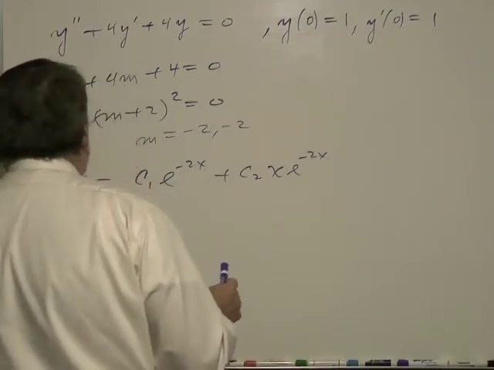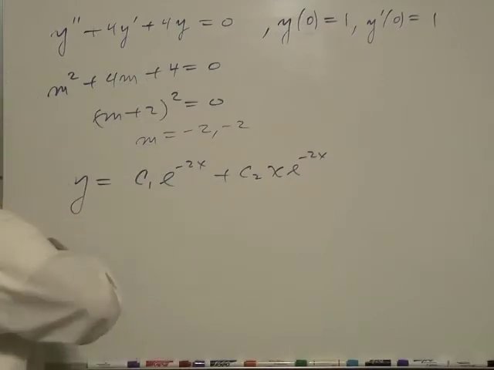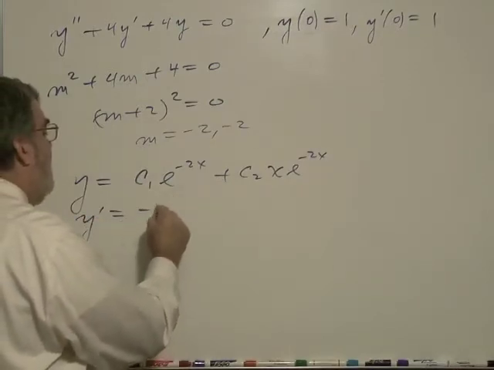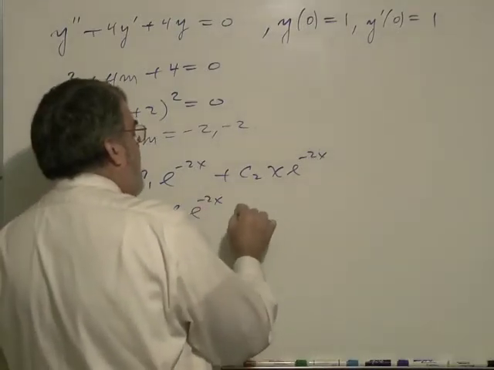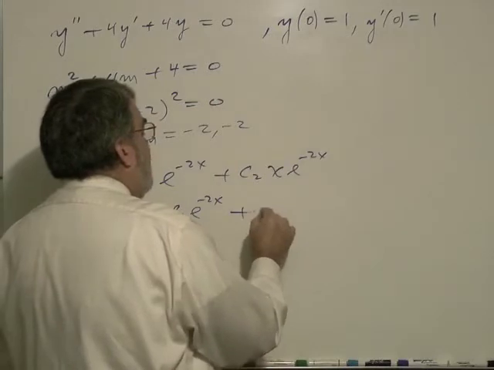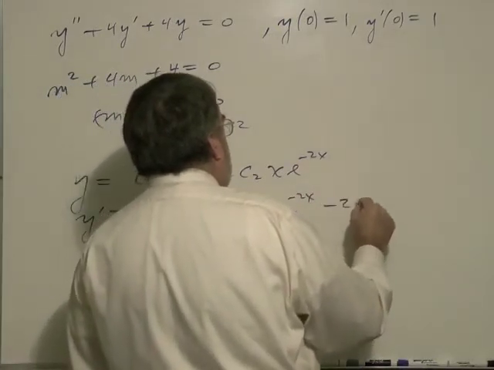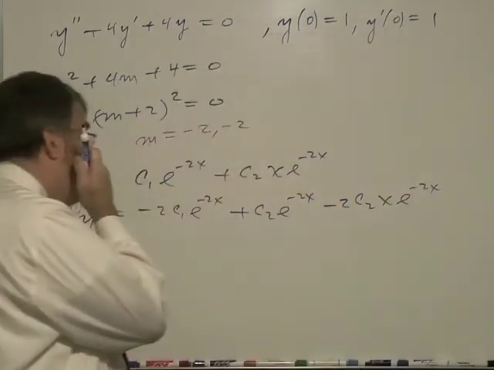So I'm trying to make a point as I solve this, and you'll see where I'm coming from in a minute. Y prime, we'll take these derivatives, that's minus 2 c1 e to the negative 2x, plus c2 e to the negative 2x, and then minus 2 c2 x e to the negative 2x. So there are the derivatives.